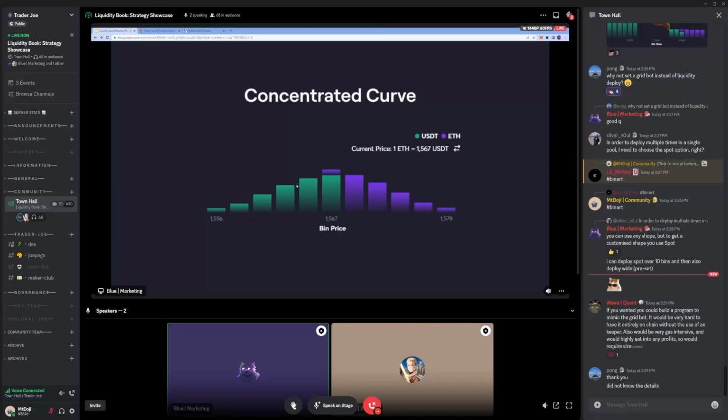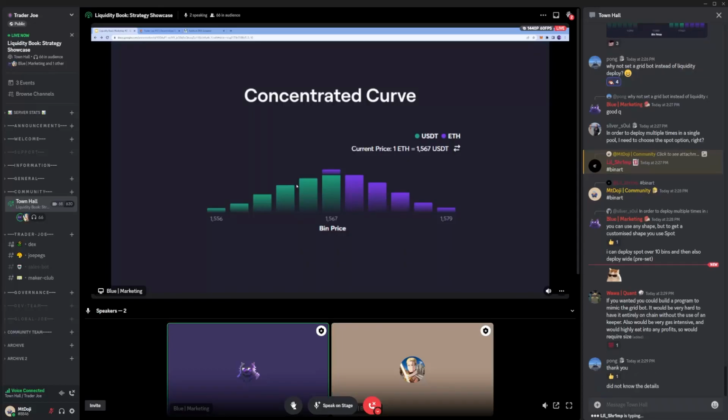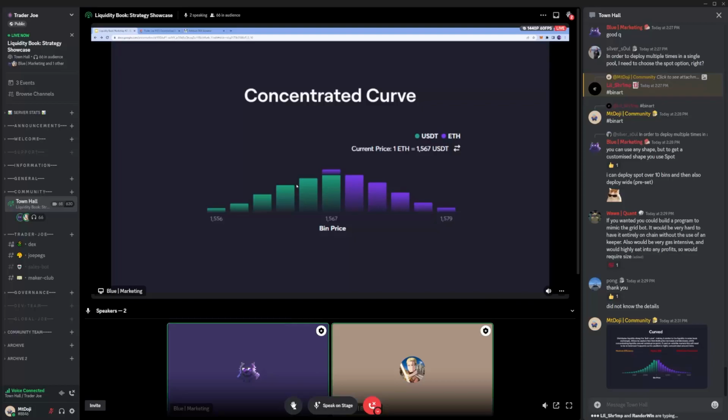And so that means really this is a very concentrated shape that you can deploy. I don't think this is particularly good for any type of volatile token in a liquidity book pool, outside of the exact middle of a range. So let's add some finessing to this.